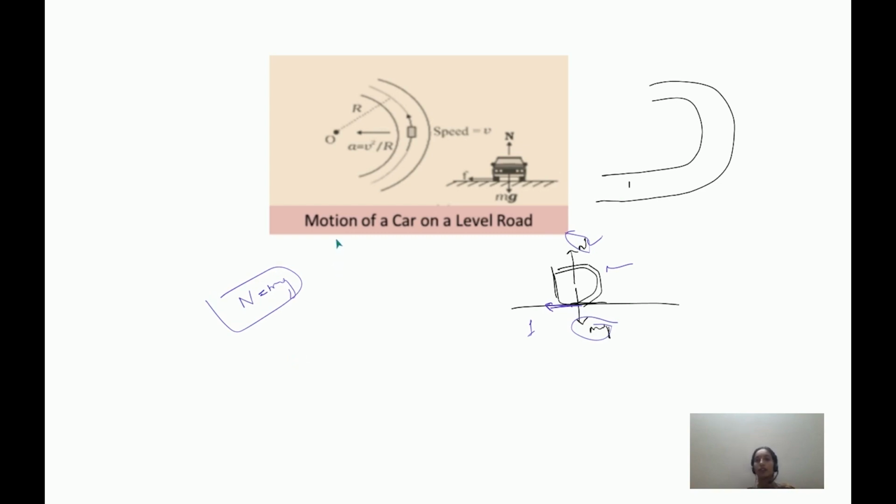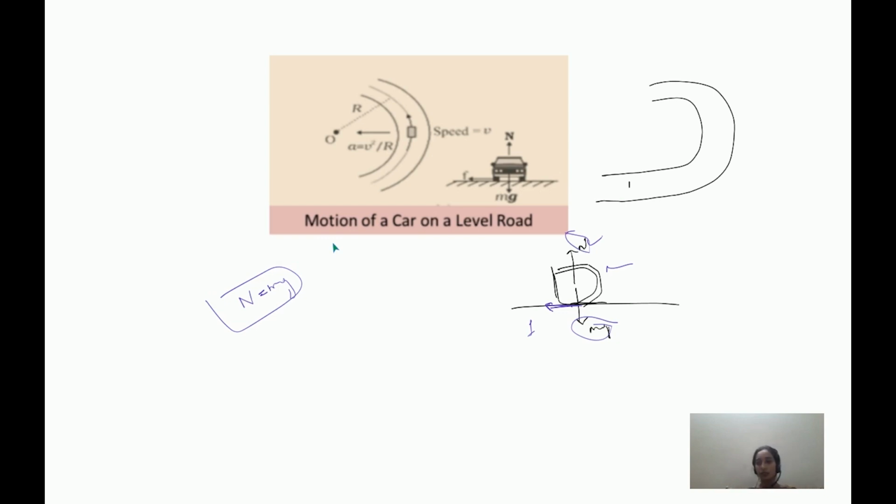By the definition of contact force, the force which acts along the surface in contact is nothing but frictional force. This is the force which can provide the centripetal force, because there must be centripetal force, or else the car would have just moved in a straight path.